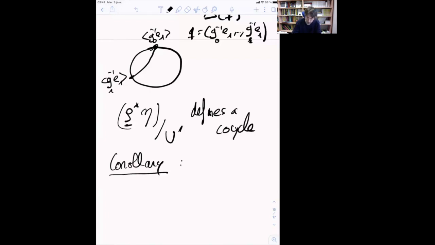Define the cocycle that I will denote S affine.